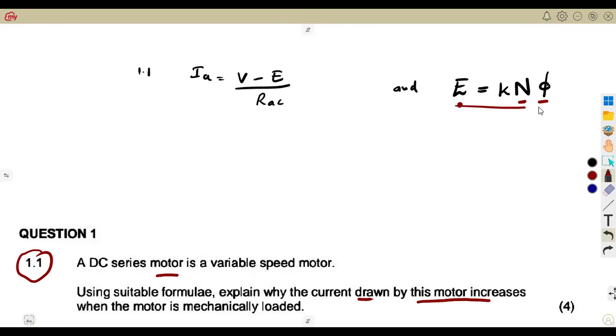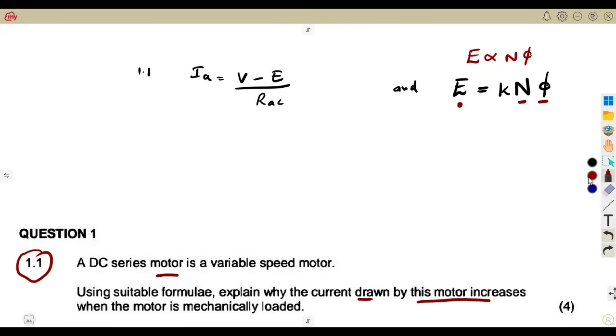E is proportional to speed and flux, meaning an increase in one increases the other. If the speed increases, E is also increasing. A decrease in speed means E decreases too.